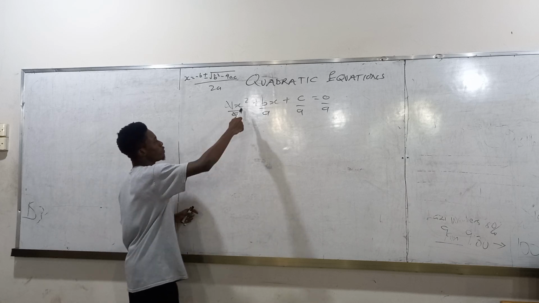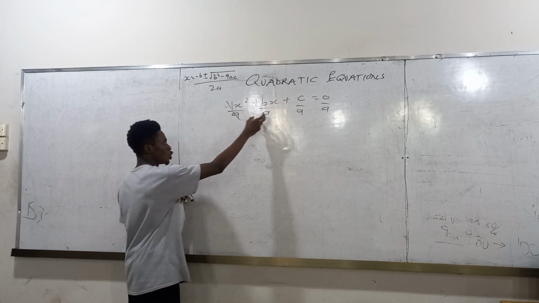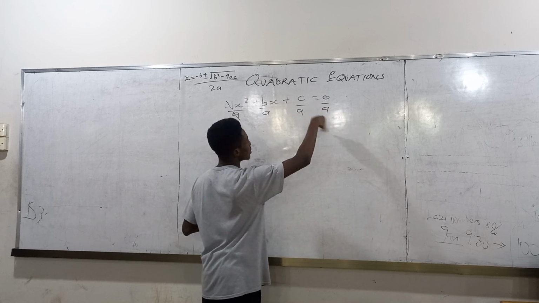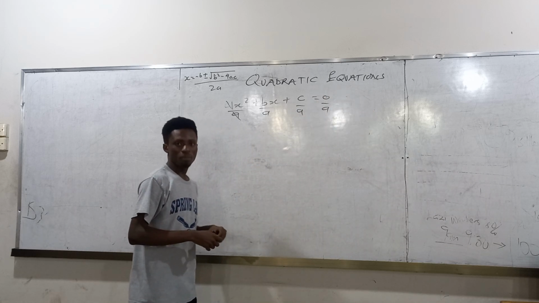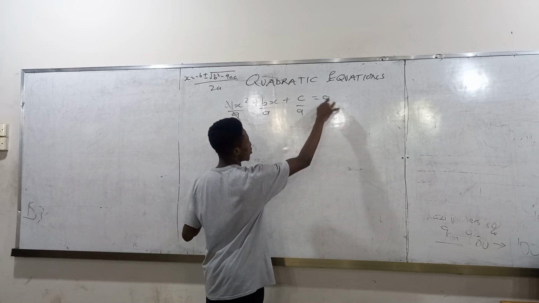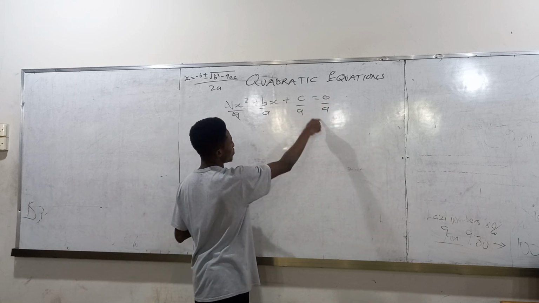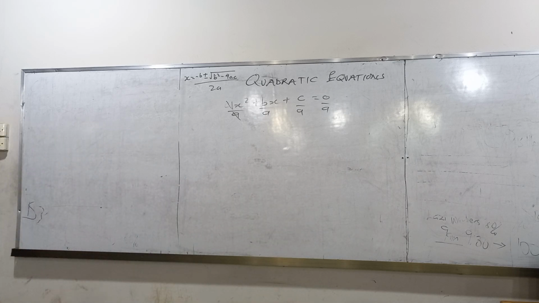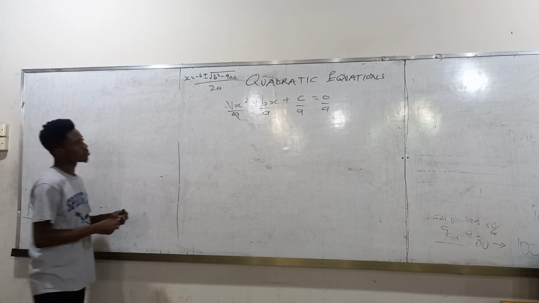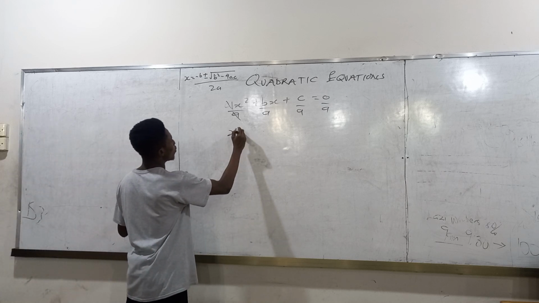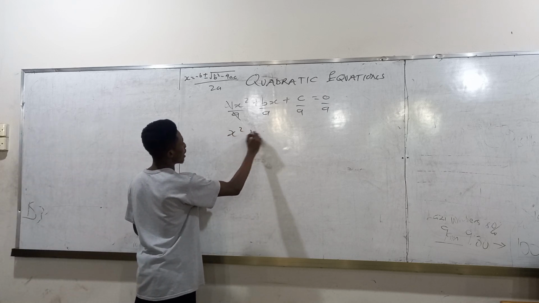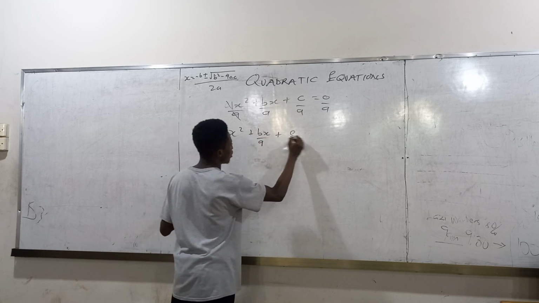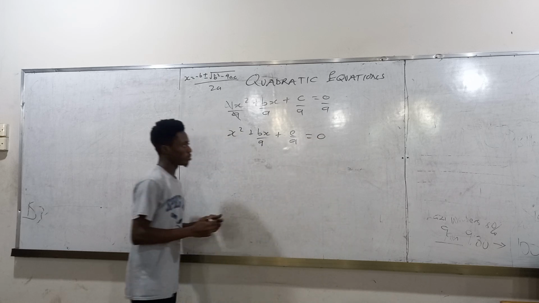So since you are dividing by a, you should divide each term by a, and also the term on the other side of the equation by a. So here it is 0 divided by a, but you know 0 divided by a is still 0. So what we'll get is x squared plus bx over a plus c over a equal to 0.